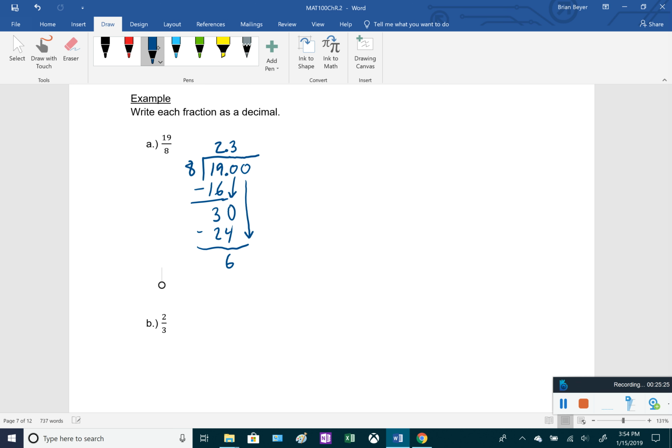Make it 60. 8 goes into 60 7 times. 7 times 8 is 56. Subtract, we get 4. One more time here, bring down the 0. We get 40. 8 goes into 40 evenly. It goes in 5 times. So we get a remainder of 0. That's how we know we're done. So the answer is 2.375.